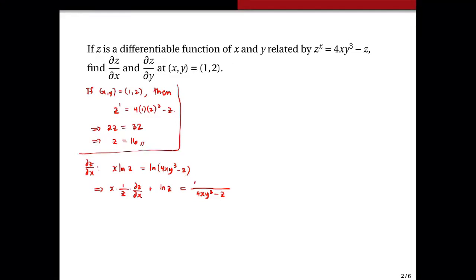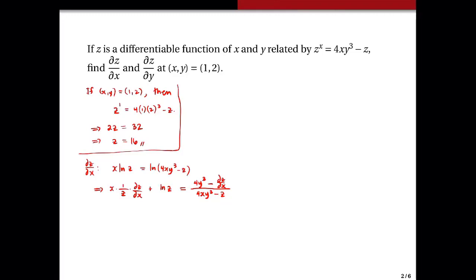So we will just have 4y cubed minus the partial derivative of z with respect to x. And then from here, we can just isolate the partial derivative of z with respect to x. And then you may start substituting x equals 1, y equals 2, z equals 16. So you can do that.